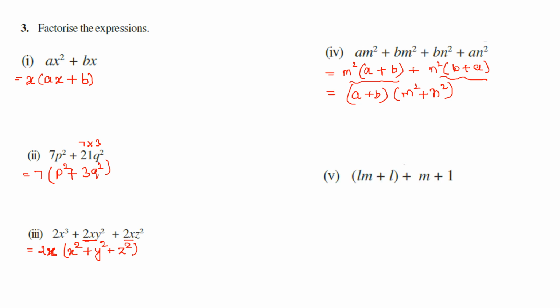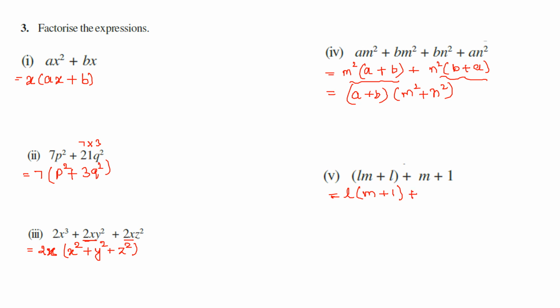Now the fifth one, lm plus l plus m plus 1. In lm plus l, l is there in both terms, so I can take l common. It will be l into m plus 1, because l into 1 gives me l.